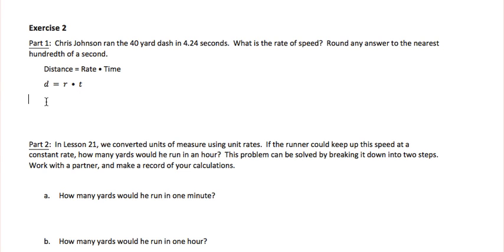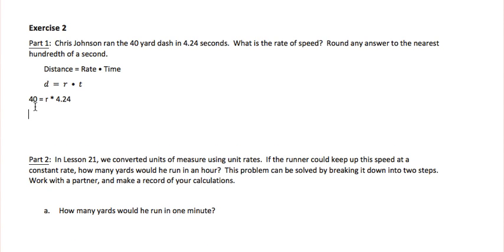In the same way, we know that the distance is 40 yards, and it was done in 4 2400 seconds. We don't want to use the X for multiplication, since it looks like a variable. The rate is the part we're looking for.